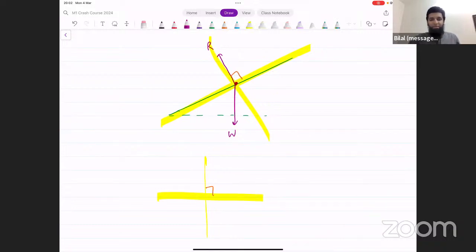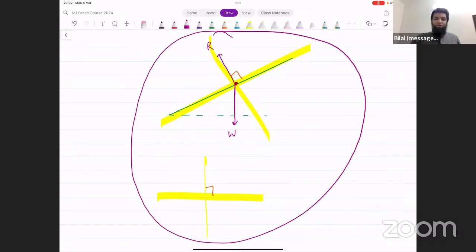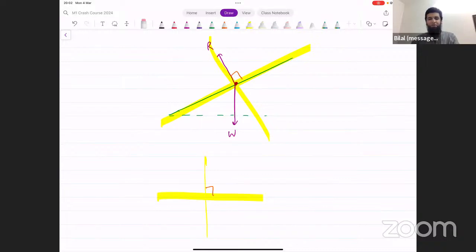In 99% of the cases, we use this convention that, okay, if we don't have a surface, just use horizontal and vertical components. And if we have an inclined surface, have components parallel to the surface and perpendicular to the surface. This is the convention that works in 99% of the problems that we have.